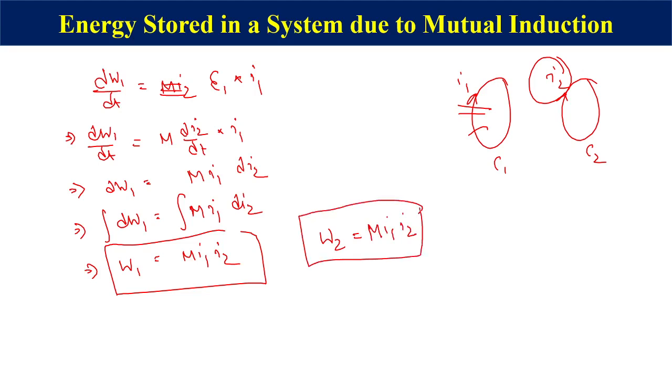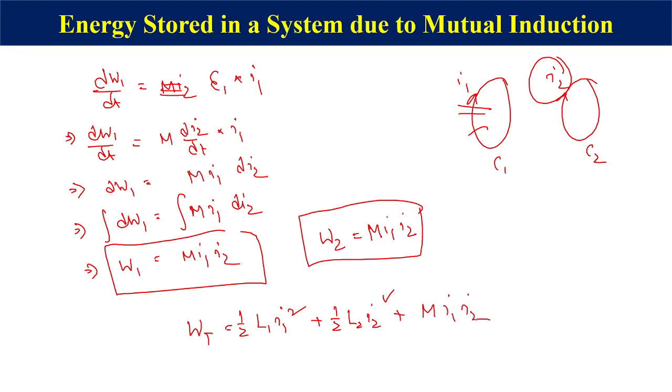So this is a vice versa kind of effect. We can say that this is the amount of energy stored in a system due to mutual induction. Whenever we were considering the total energy of two coils carrying currents I1 and I2, you remember I wrote W total equal to half L1 I1 squared plus half L2 I2 squared plus M I1 into I2.